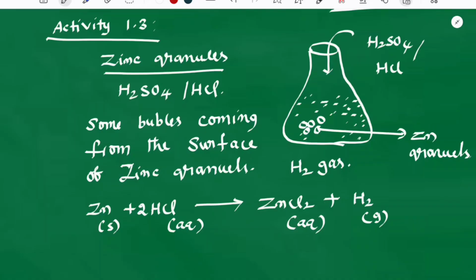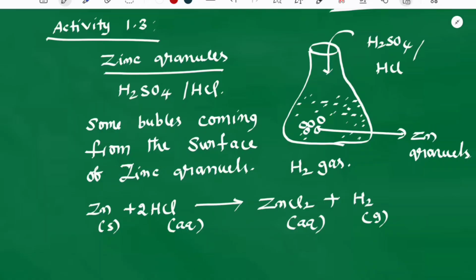So how can we check for hydrogen gas? Just take a burning matchstick or burning paper and keep it at the mouth of the beaker or conical flask.